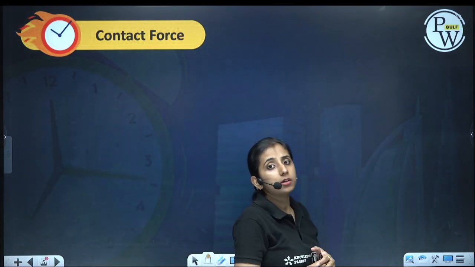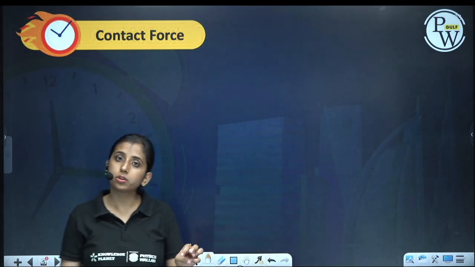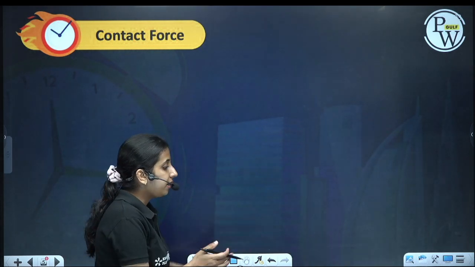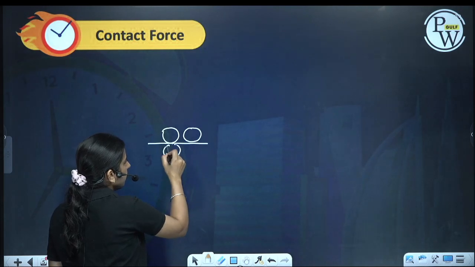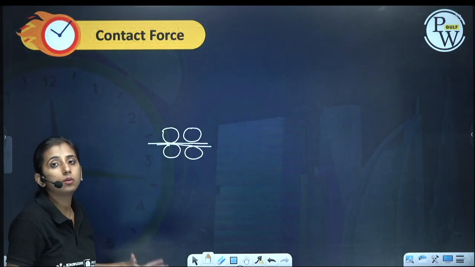Whenever two surfaces come very close to each other, what will happen? These are my two surfaces, there are atoms, so atoms of one interact with the other.